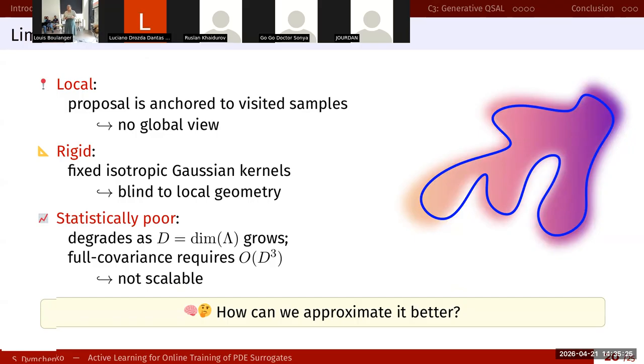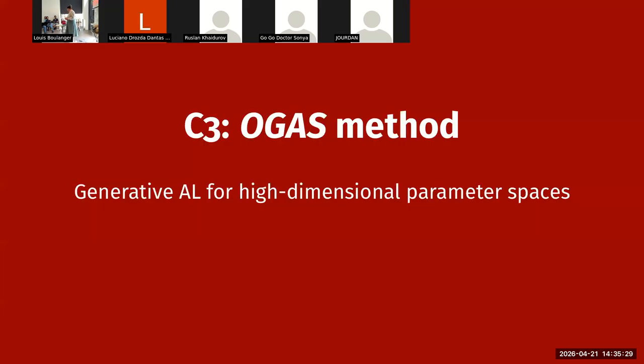Could we approximate this distribution better? Which brings us to the last contribution, UGA's method.